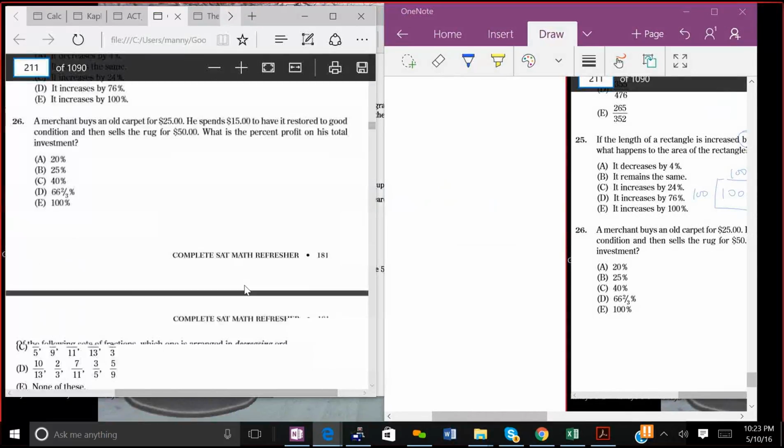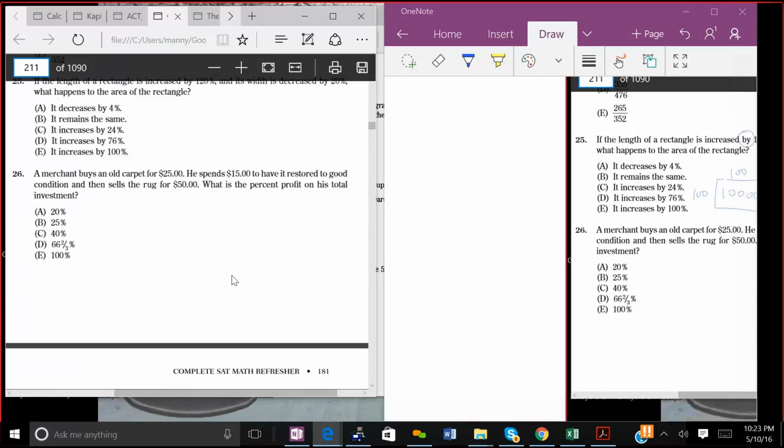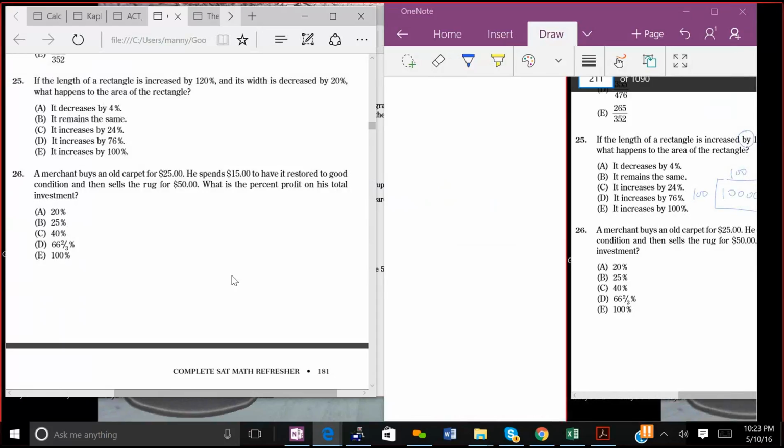Okay, go ahead and try 26. A merchant buys an old carpet for $25, pays $15 to have it restored to good condition, and then sells it for $50. What is the merchant's net profit on his whole investment? So 25 plus 15, 40.